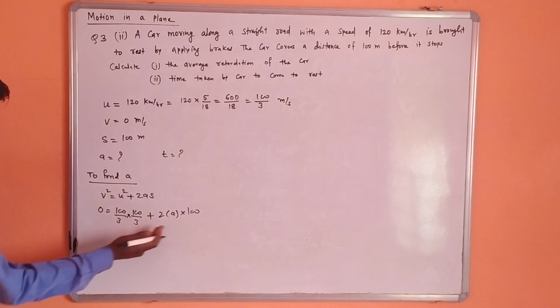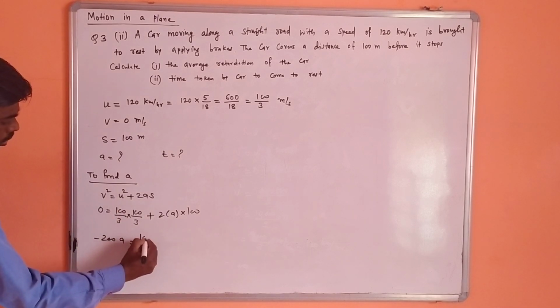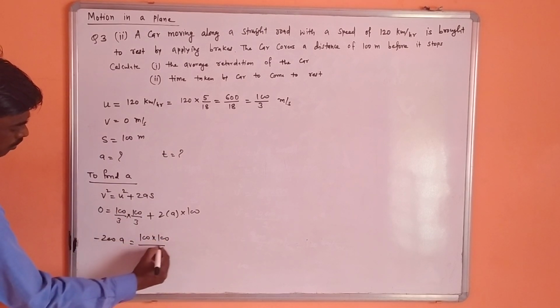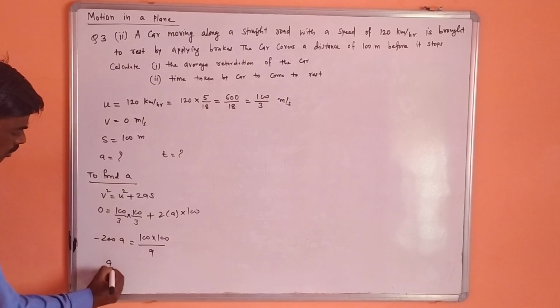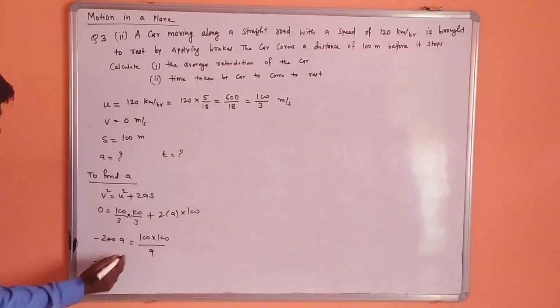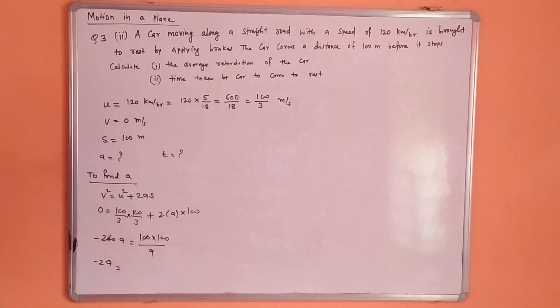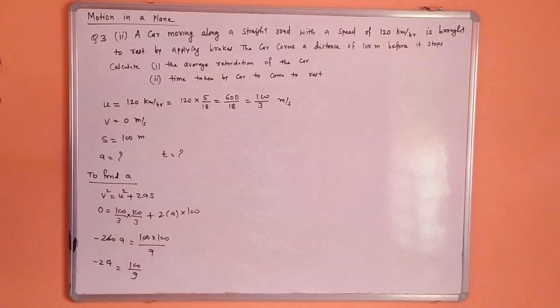So 0 equals 100 into 100 by 9 plus 200a, so minus 2a is equal to 100 by 9, cancelling 100.